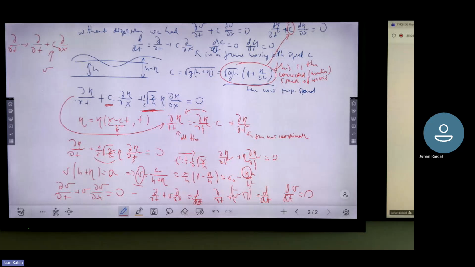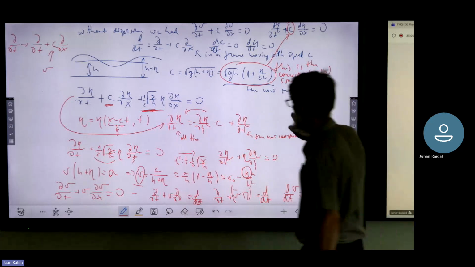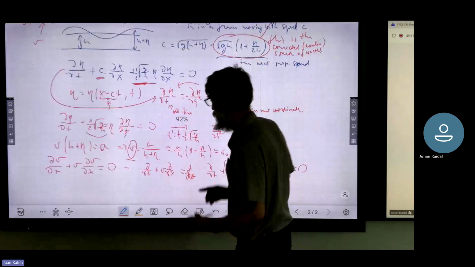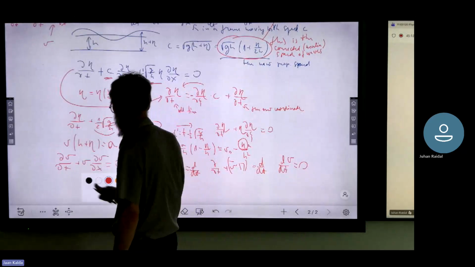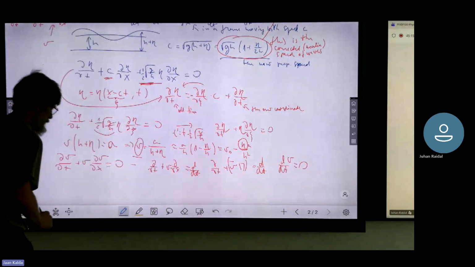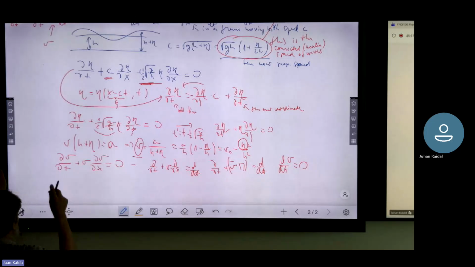Like if we had that Euler equation for fluid flow, that was written as the Lagrangian derivative of velocity of a particle, this is its acceleration.